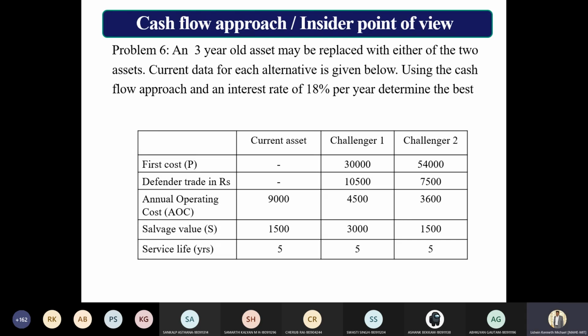So please make a note of this particular numerical. It says a 3-year-old machine may be replaced with either of the 2 assets. Current data for each alternative is given below. Using the cash flow approach and an interest rate of 18% per year, determine which is the best. So you've got the current asset, challenger 1, as well as challenger 2.